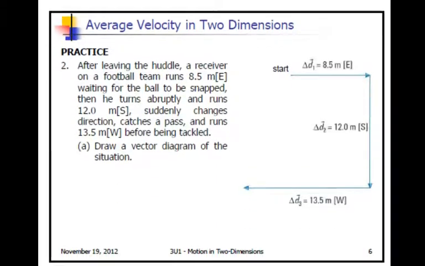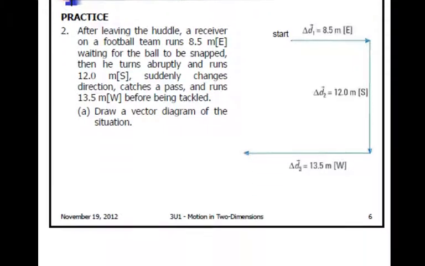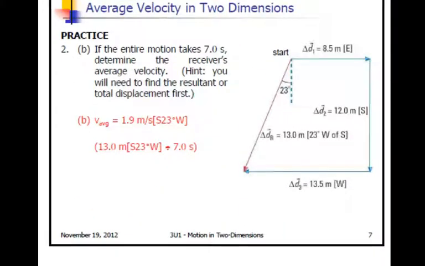All right, now here's a problem we'll work out. We have a football player here. They move 8.5 meters east, 12 meters south, 13.5 meters west. So we've drawn a vector diagram of this, but what we're more interested in is the second part, where we're asked, if the entire motion takes 7 seconds, how do we determine what his average velocity was?